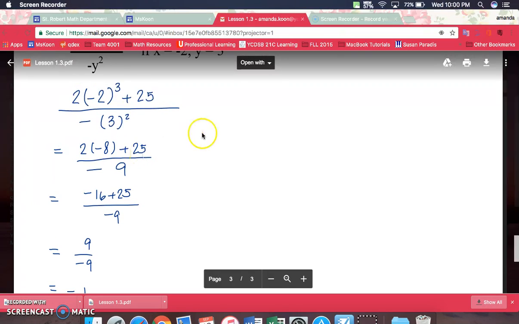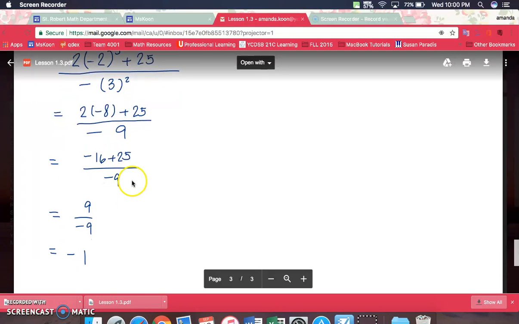What can we evaluate first? Of course, it will be the powers. So 2 times (-2) to the power of 3 turns into -8, plus 25, 3 squared is 9, so -9. Okay? 2 times -8 is -16, plus 25, divided by -9.